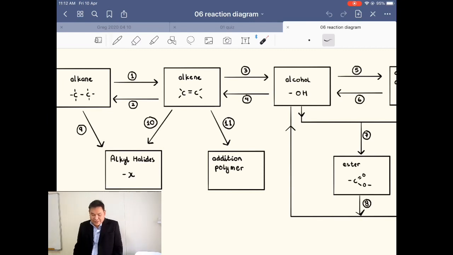Reaction number 10 is called bromination. That means alkene, you are going to add bromine, then you get alkyl halides. In this case, the alkyl halide is from bromine, right?